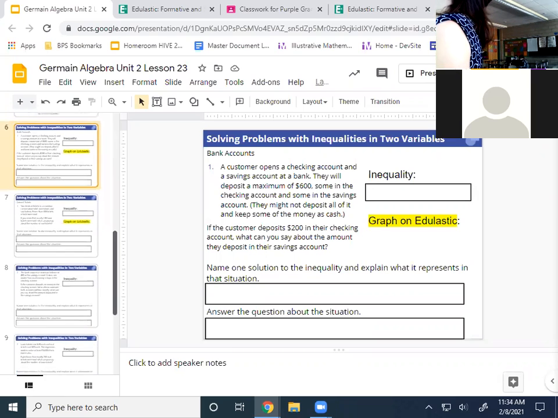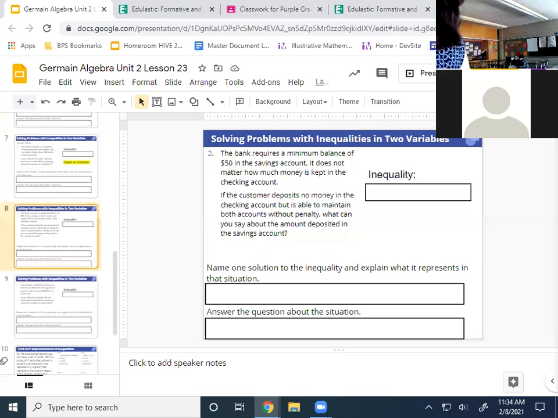Then when you get to 8 and 9, you just need to write the inequality, give me a solution, and answer the question. You only have to graph 2 of them, 2 out of the 4. So I'm giving you 10 minutes right now to write inequalities, graph the first 2, give me a solution and answer the question.